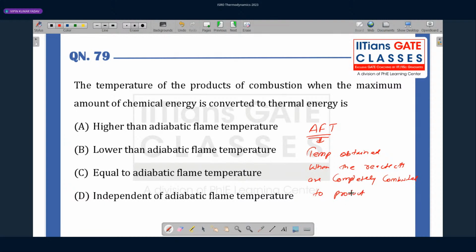In another way, maximum combustion is happening, and the maximum amount of chemical energy is converted to thermal energy. That is the basic definition of adiabatic flame temperature. So the temperature you get is equal to the adiabatic flame temperature. I hope it is clear.